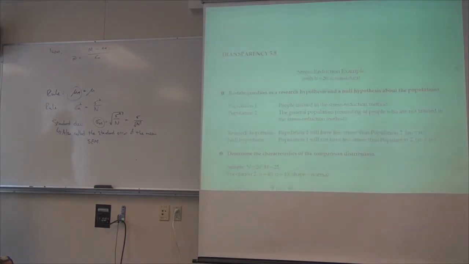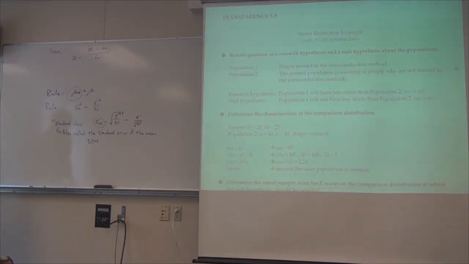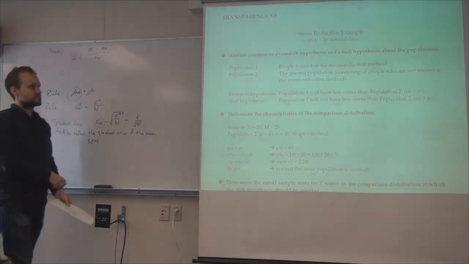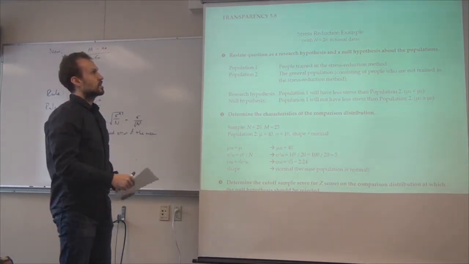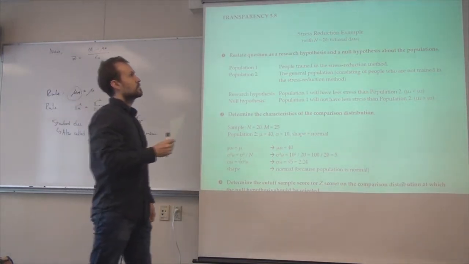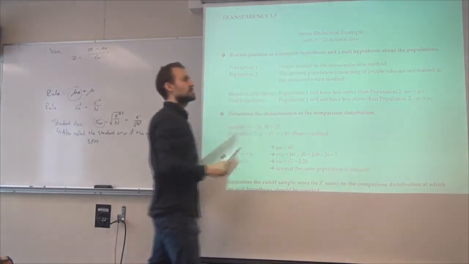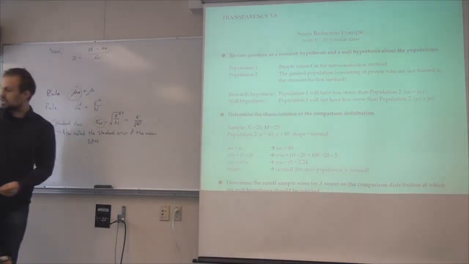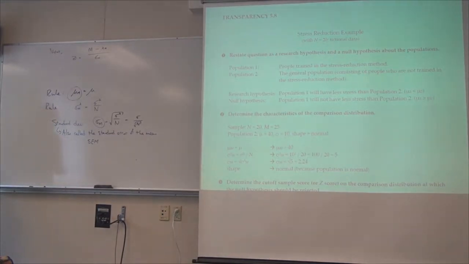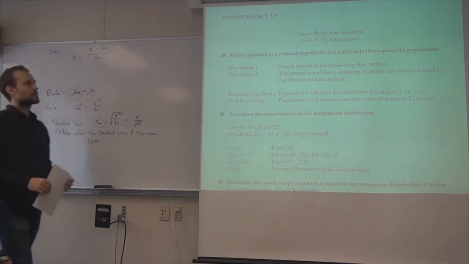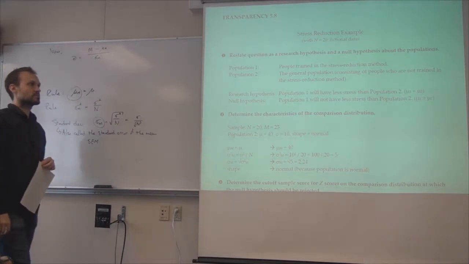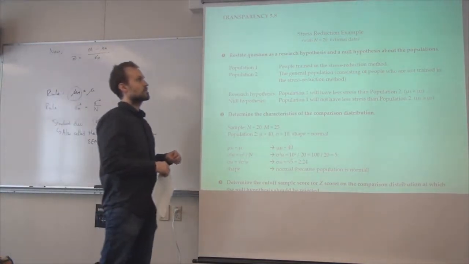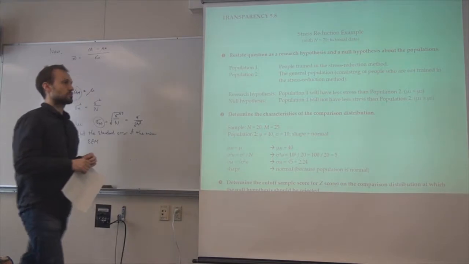So if we go to our familiar examples, sort of, the stress reduction example, where I am now taking a sample of 20 individuals to see if the treatment or the program to reduce stress had any effect. So my population is the people trained in the stress reduction method, and I compare that with the general population, those not trained.